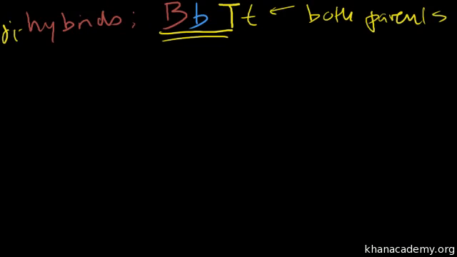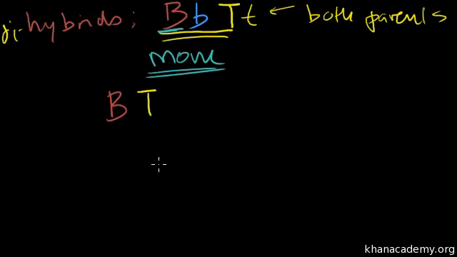So if I'm talking about the mom, what are the different combinations of genes that the mom can contribute? Well, for each of these traits, she can only contribute one of the alleles. So she could contribute this brown right here, and then the big T. So this is one combination.